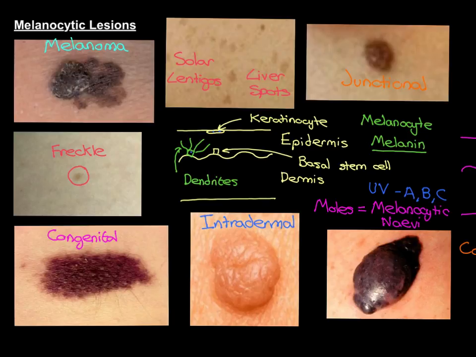So there are 3 different forms of skin cancer: basal cell carcinoma, squamous cell carcinoma, and melanoma. Basal cell carcinoma and squamous cell carcinoma arise from different types of cells. Melanoma is skin cancer that arises from melanocytes, and it is extremely dangerous. The other forms of skin cancer, they are not nice.